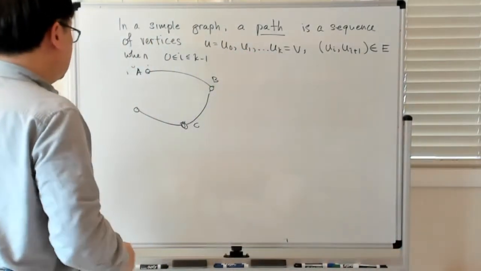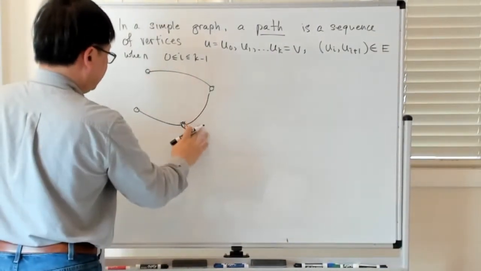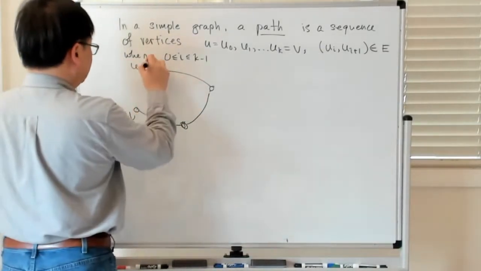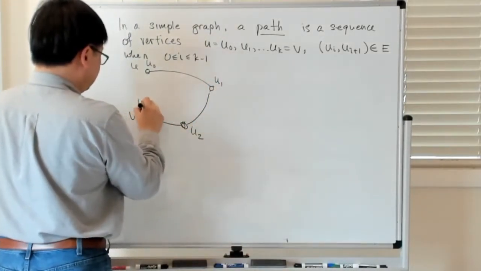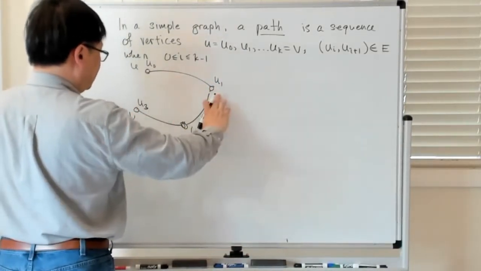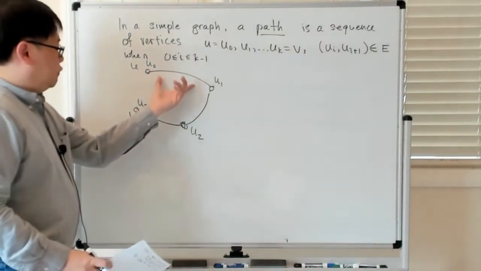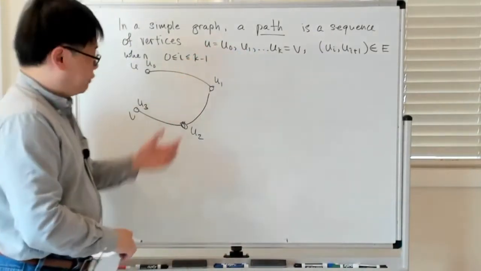If I use this picture again, if this is u and this is v, this is a sequence u0, u1, u2, u3 with the property that every sequential pair of vertices in that path is an edge.